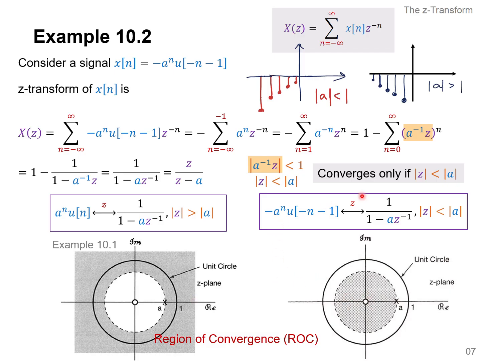For this left-sided signal, the ROC is the magnitude of z smaller than radius a. This is the region inside the circle. This example shows how the z transform works for signals defined for negative n, and how the ROC tells us where the transform is valid.